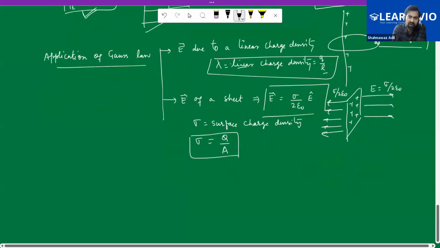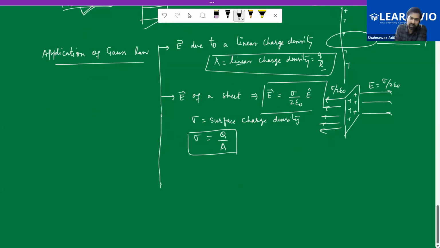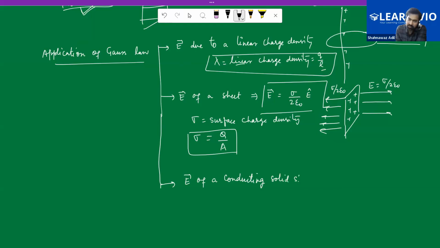And we have already talked about the electric field of a conducting solid sphere, or non-conducting hollow sphere, or conducting hollow sphere.